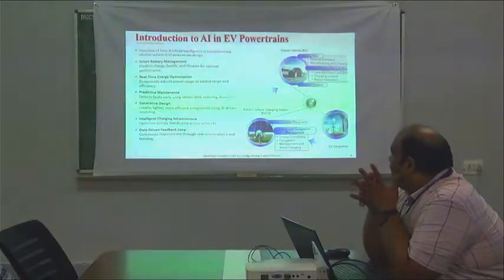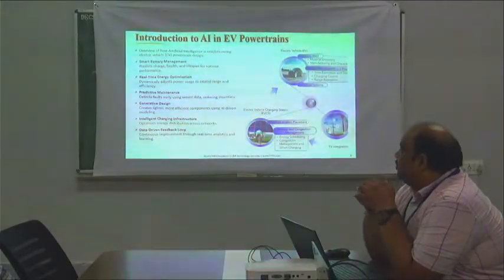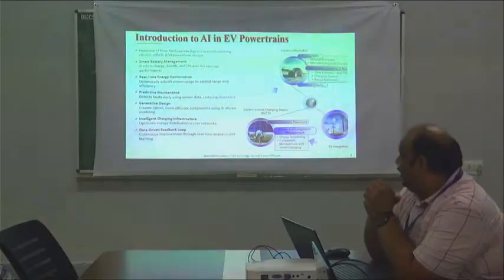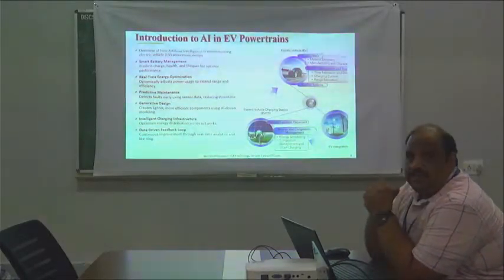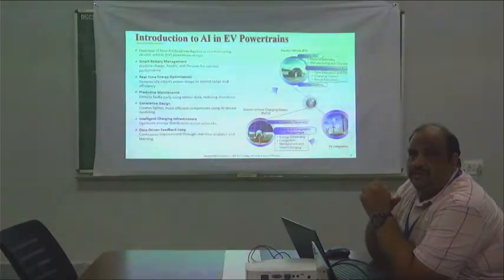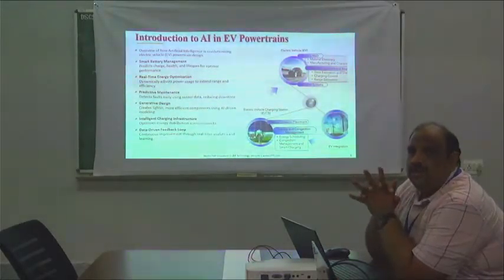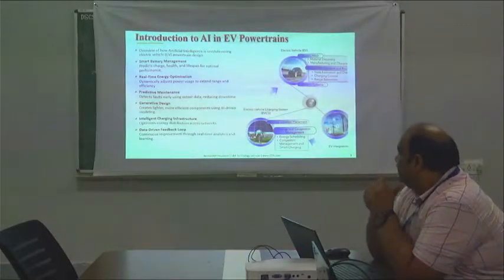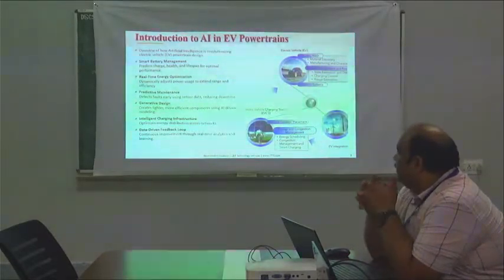So, an overview of why it is required: a smart battery management system, which is very important with respect to e-mobility, and real-time optimization. What are all the optimizations that are possible with respect to development, design, motor design, and power electronics, such as inverter design or DC-DC design? That is one real-time optimization.